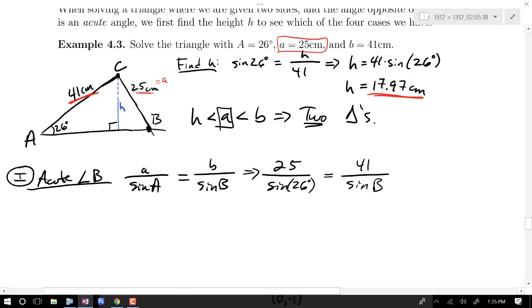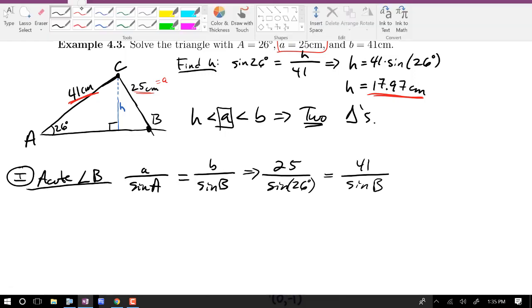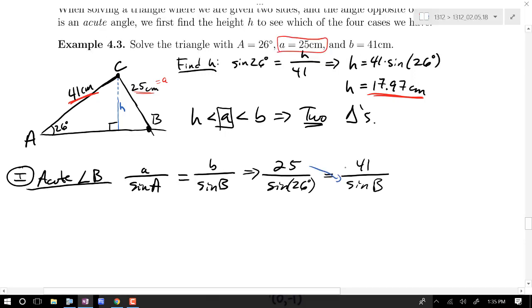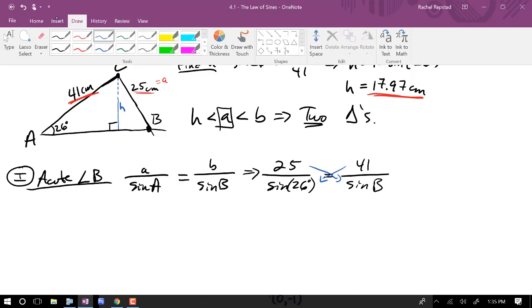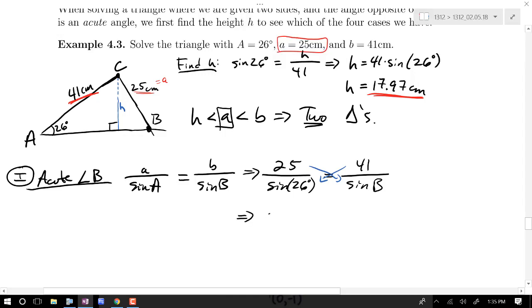We will solve for sine B first, like we did in the first example that we worked through. We can set the cross products equal to each other, and divide both sides by 25.